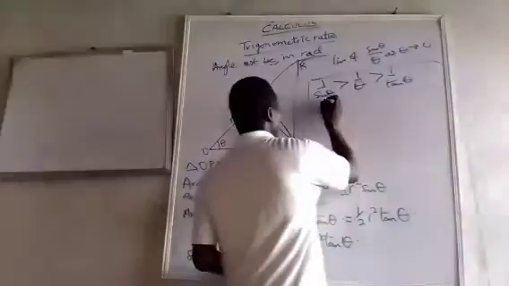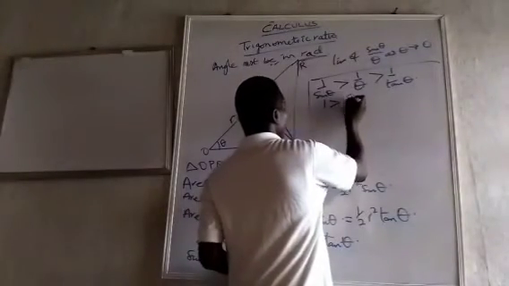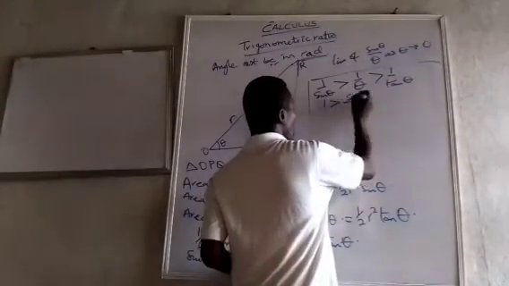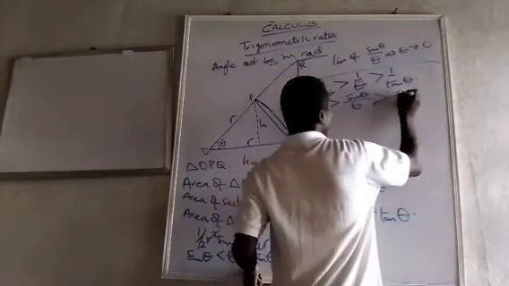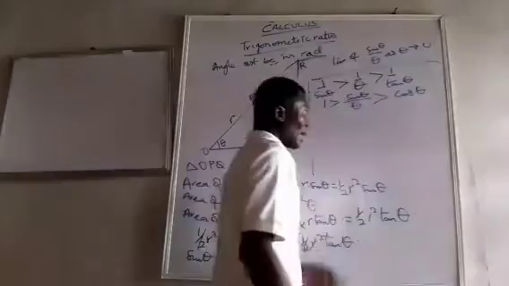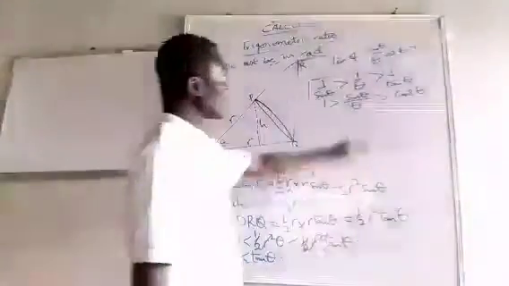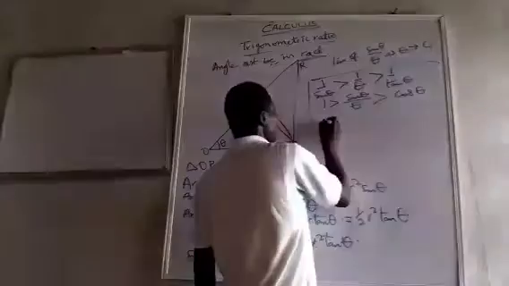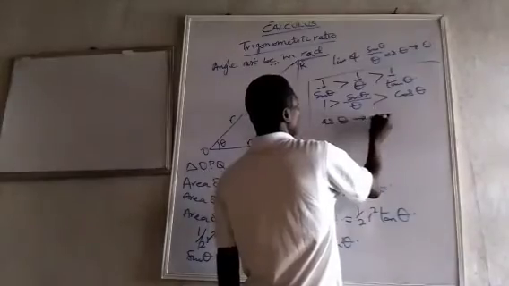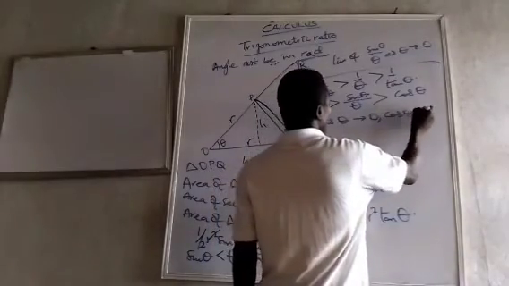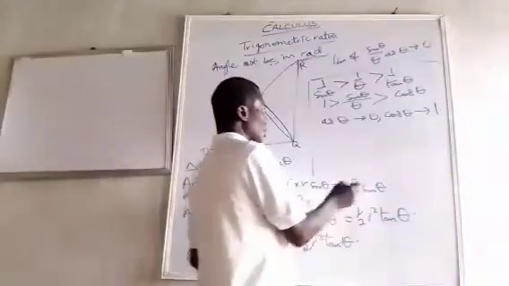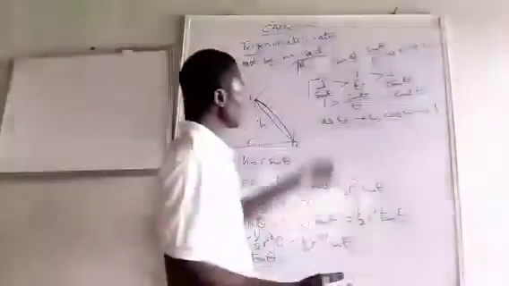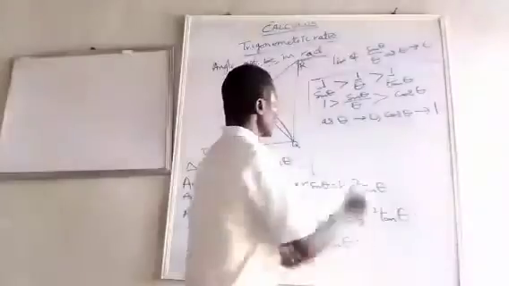We are going to have 1 is greater than sin theta over theta is greater than cos theta. And you know one thing, when theta tends to 0, cos theta tends to 1. You can see, so as theta tends to 0, sin theta over theta will be bounded by 1 and 1 here.